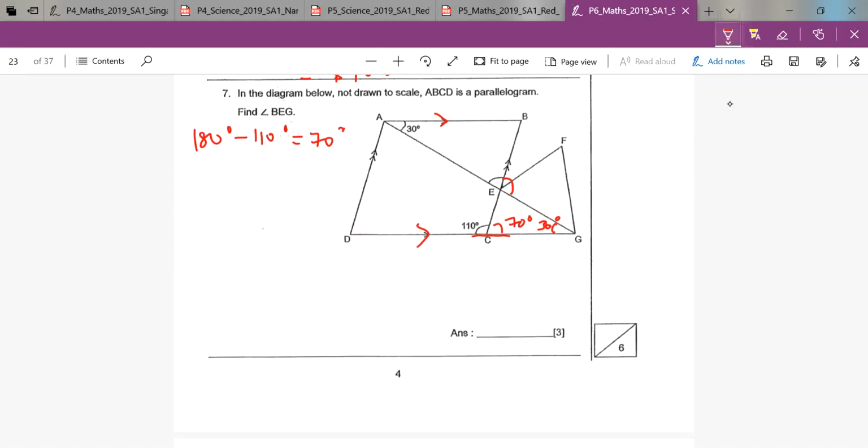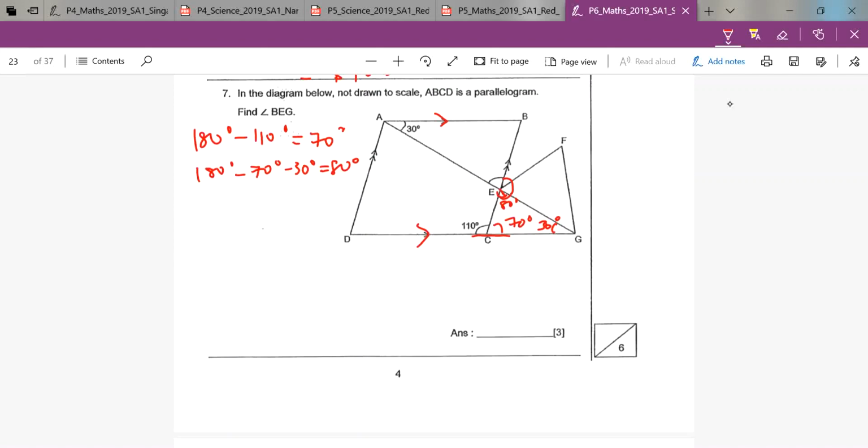So if I use 180 minus 70 minus 30, I will get 80, which is for this part here. This part here is 80.